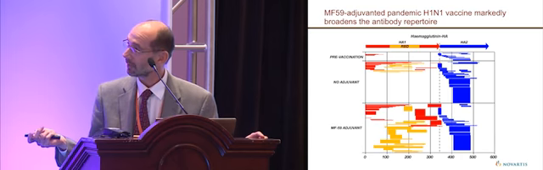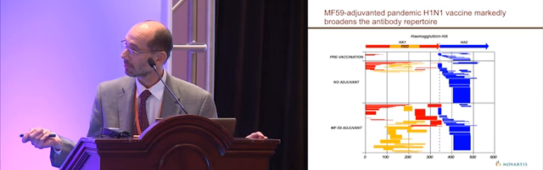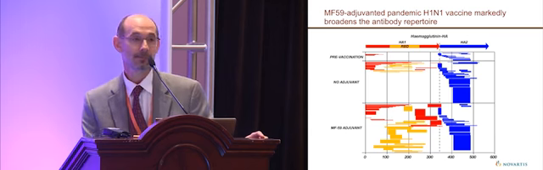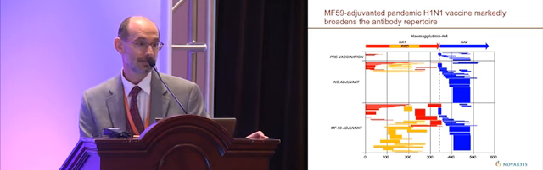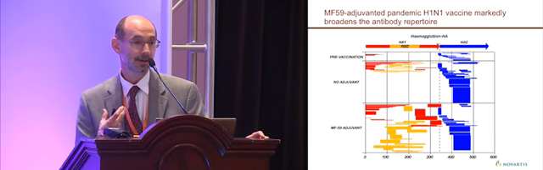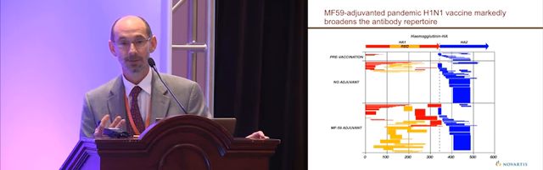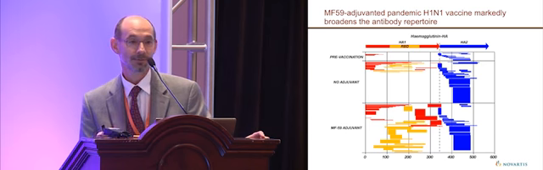Again, very similar to the H5, with the adjuvant, you see many, many more epitopes and a lot more frequency of these responses in the adjuvanted group, clearly suggesting that not only potency but quality of the response is increased, which could explain why we have cross-neutralization across clades if you immunize with MF59 versus without MF59.